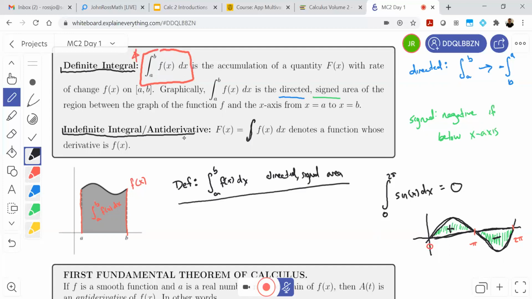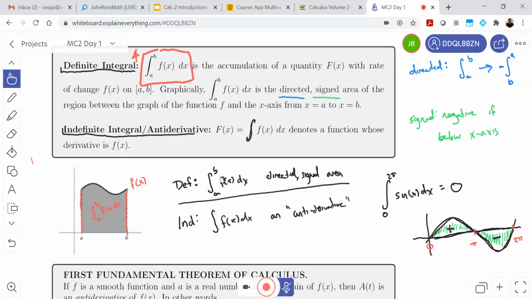And we can compare that to the indefinite integral, which is this object that looks almost the same, except we're not using bounds of integration. We're not writing it with a to b. And this is not a measurement of area. This is an antiderivative. It's representing a function whose derivative is the function f of x.